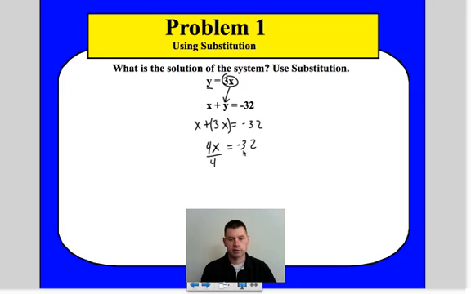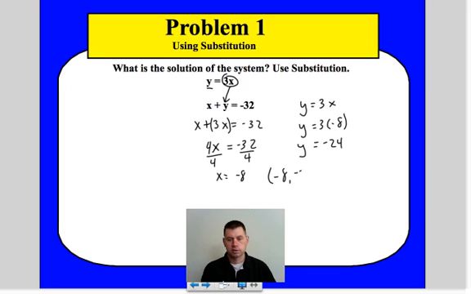Divide by 4 to solve for x, and you get x equals negative 8. Once we know that, we go back into the original y equals 3x and plug in what x is, negative 8, and we get negative 24 for y.